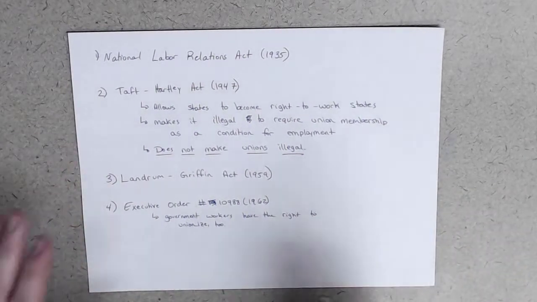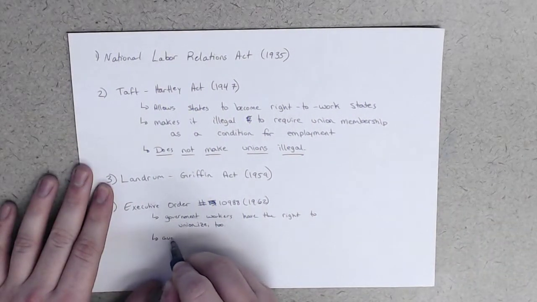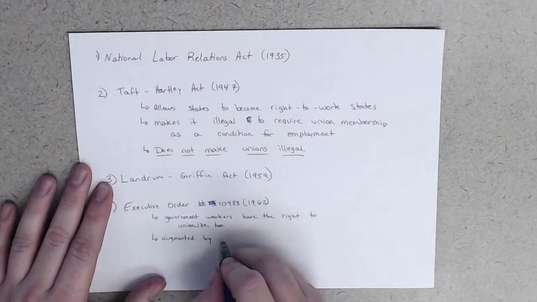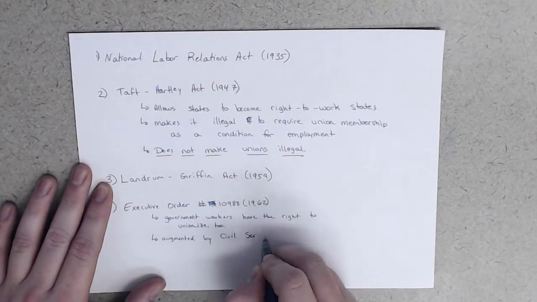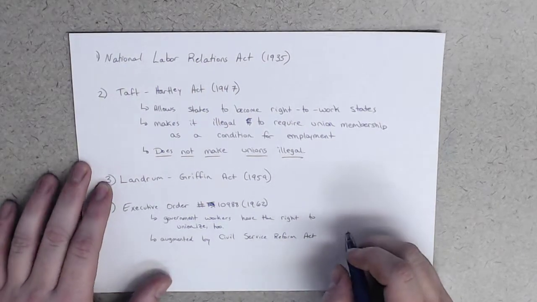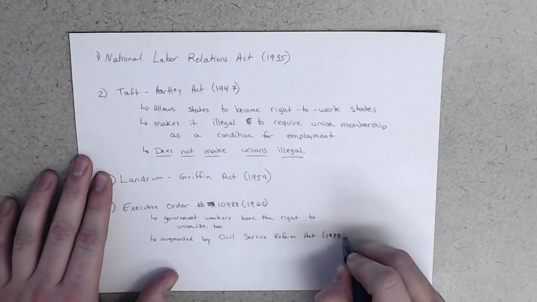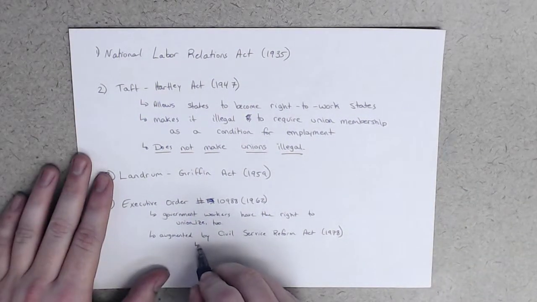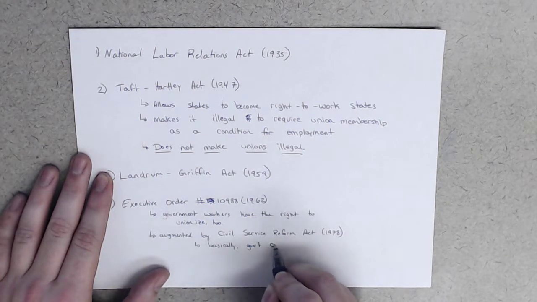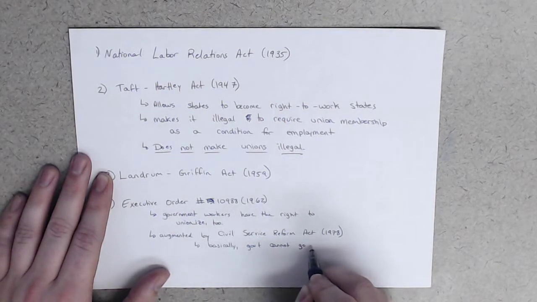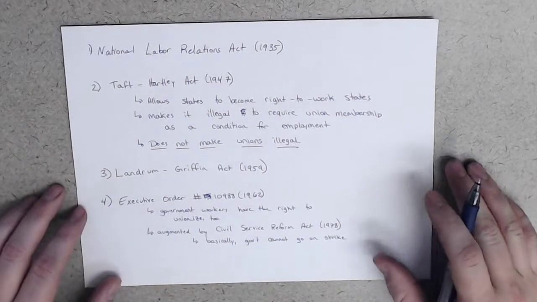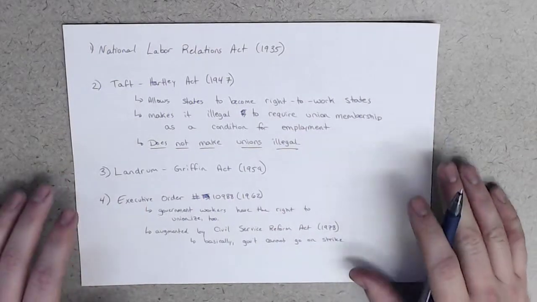Then it was augmented by the Civil Service Reform Act in 1978 to basically say the government cannot go on strike. So the government workers have the right to unionize, but they are not allowed to go on strike.